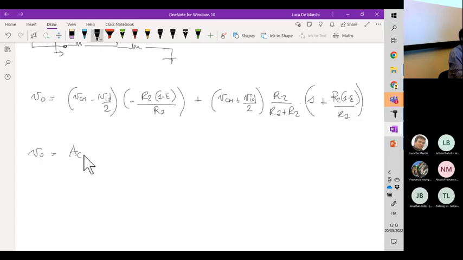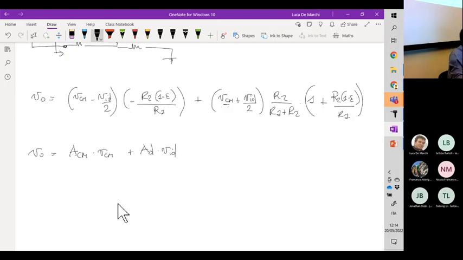So ACM times the common mode, where ACM is the multiplication and the summation of all the factors multiplying this guy. And then we have a differential part which multiplies all the terms with the VID. Okay, so we are decoupling one part from the other.